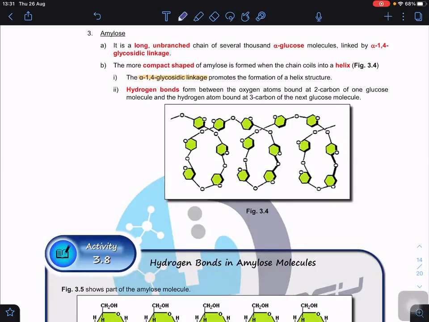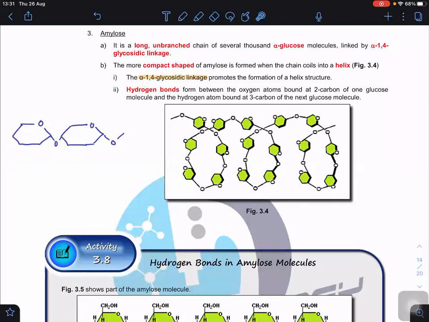Basically, if you understand the concept of how we form maltose, it is the same. Once we form the maltose, so this is the maltose, with the glycosidic bond, 1,4. We join another one and then continue. Then this is a single unbranched chain of amylose. Are you clear? So continue.